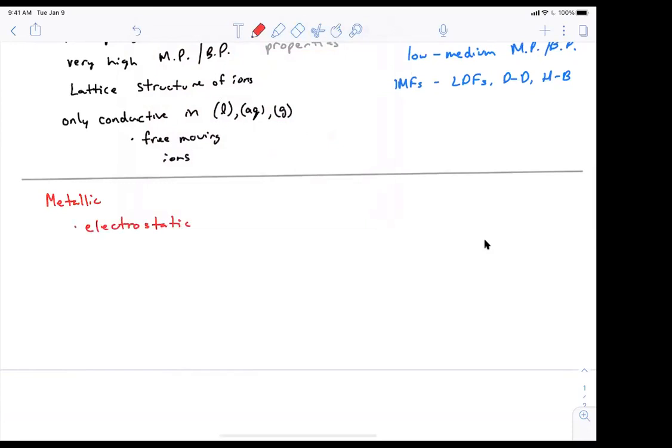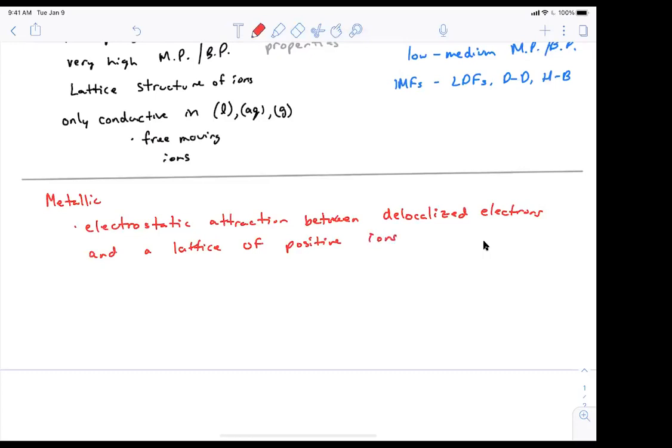You kind of see a pattern here between delocalized electrons and a lattice of positive ions.